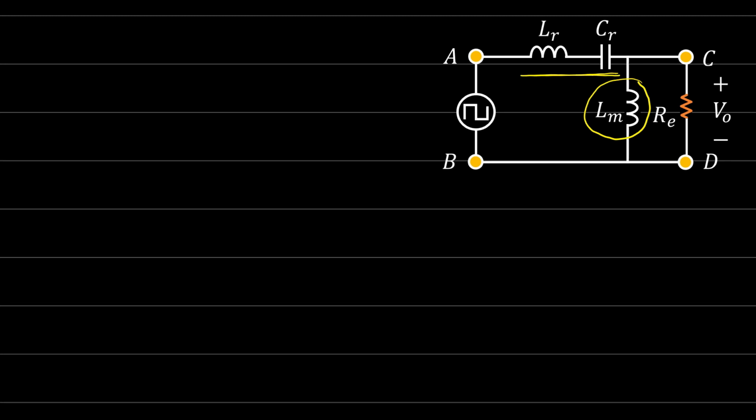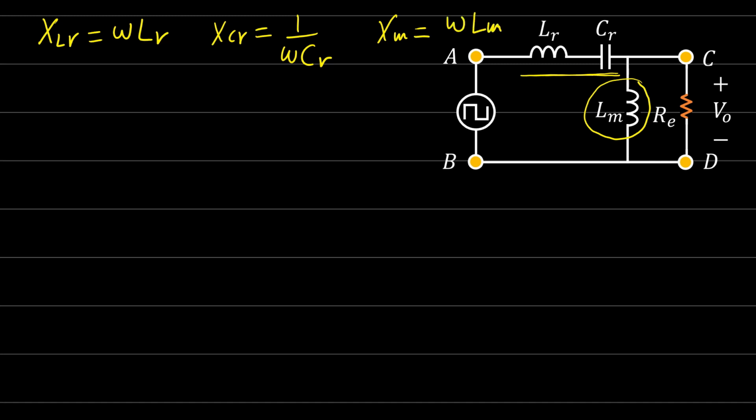Now let's define these values. The reactance XLR is equal to omega LR. XCR is equal to 1 over omega CR. And for the magnetizing inductance, XM is equal to omega LM.